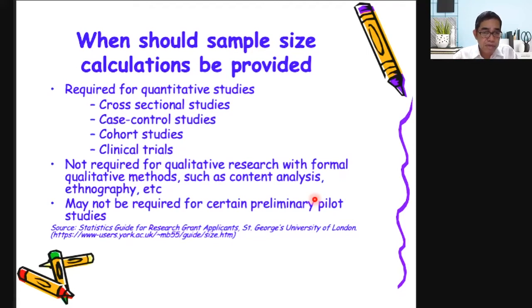It may also not be required for certain preliminary pilot studies because it is only a pilot study.